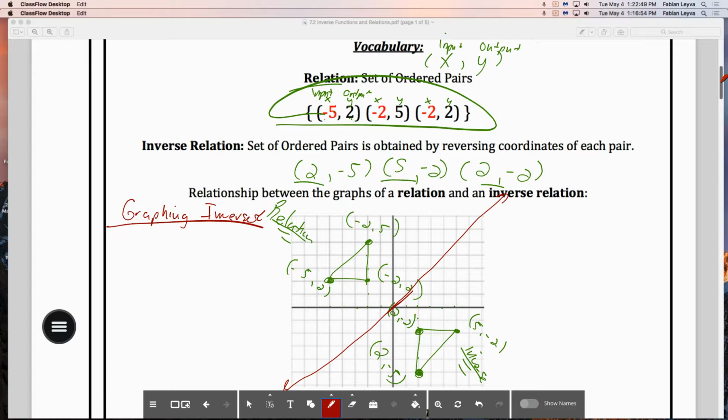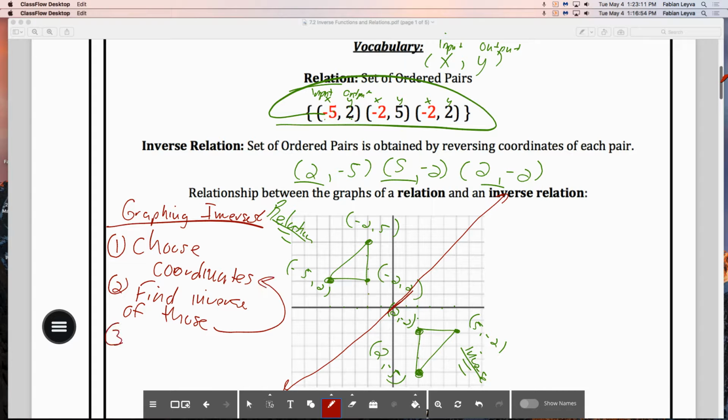My suggestion for you, whenever you're graphing an inverse, choose coordinate points, find the inverse of those coordinate points, and just graph it.